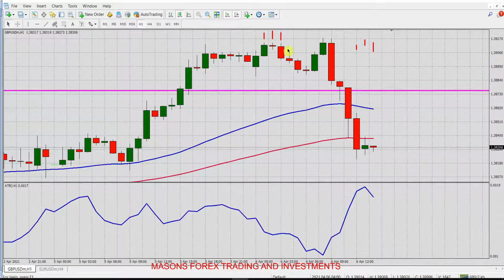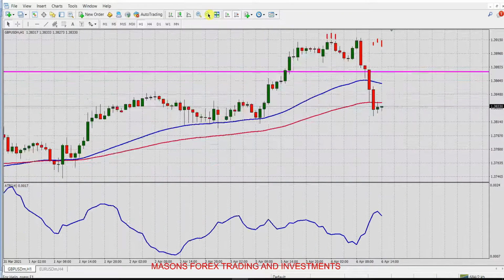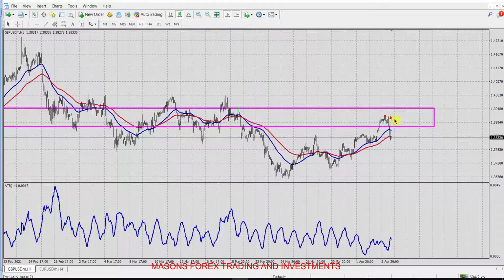So we could have taken this example here, this signal or this entry. We could have also potentially entered on the close of this candle, because we have something very similar to this setup. So yes, and it's also in the significant area which we identified previously.